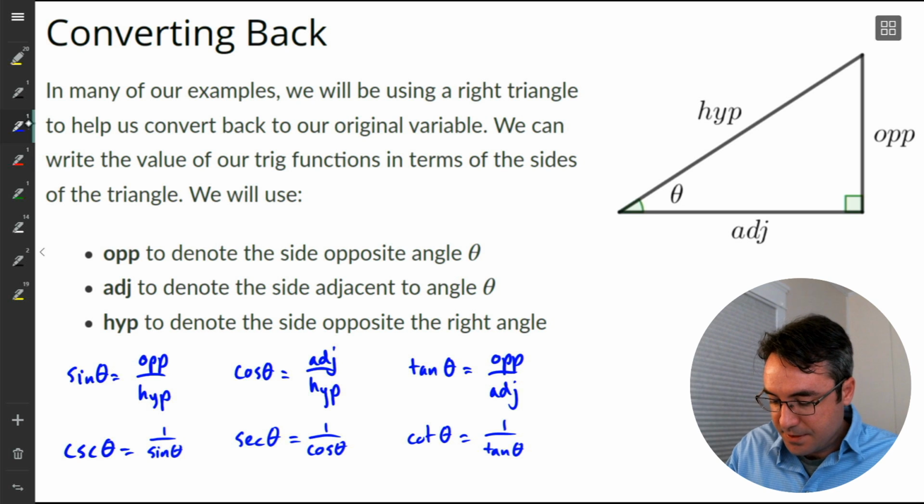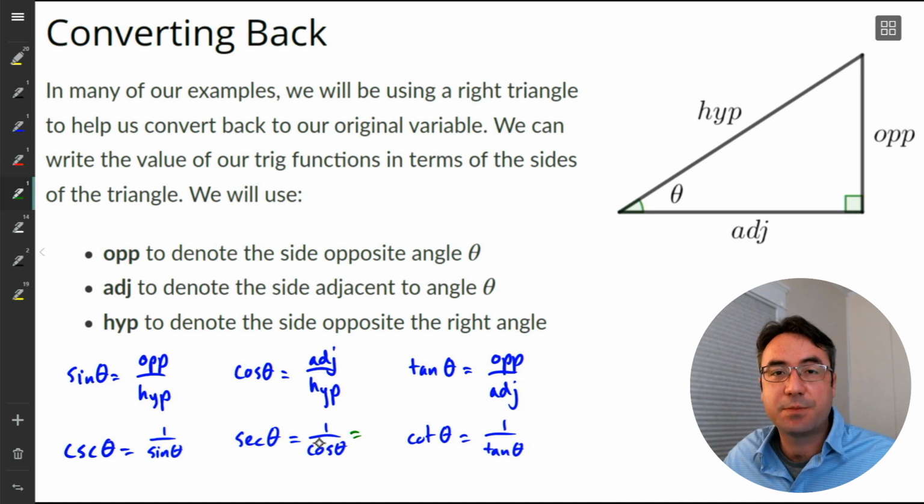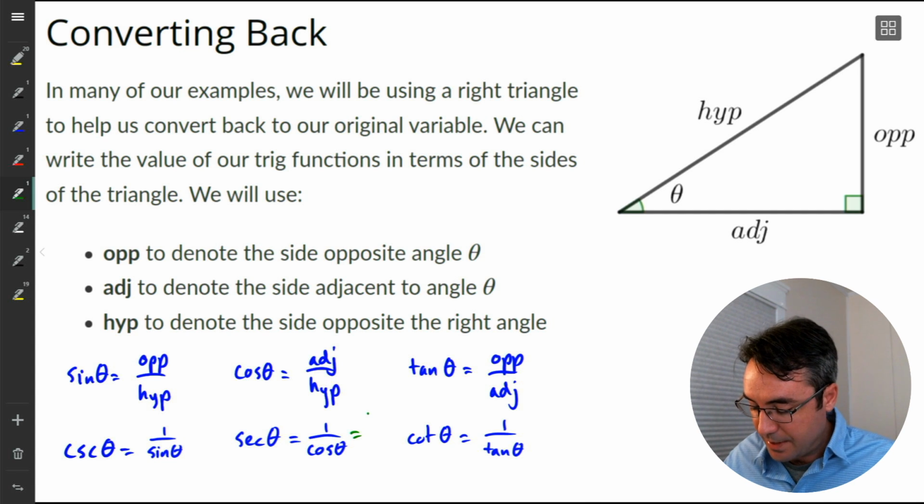So for instance, secant would just be the reciprocal of cosine. So take your fraction for cosine and flip it. So it'd be hypotenuse over the adjacent side.